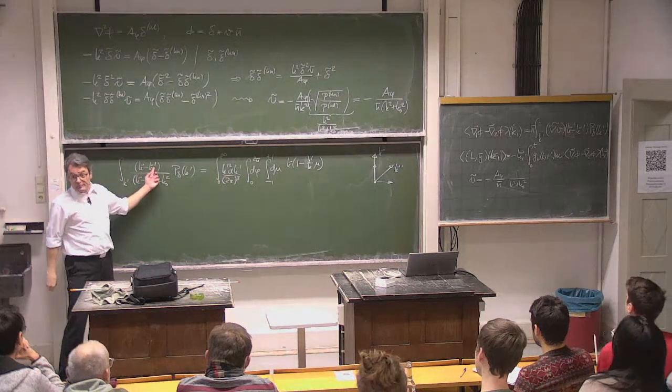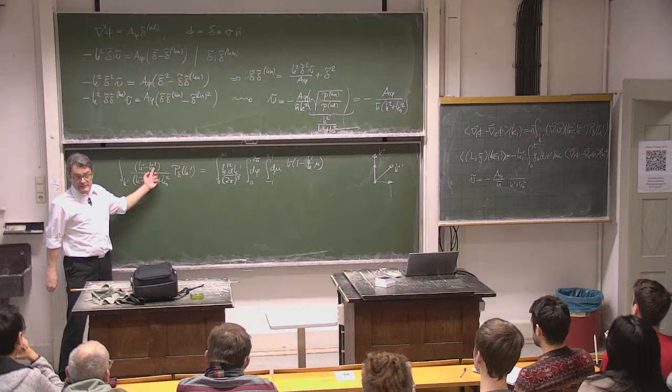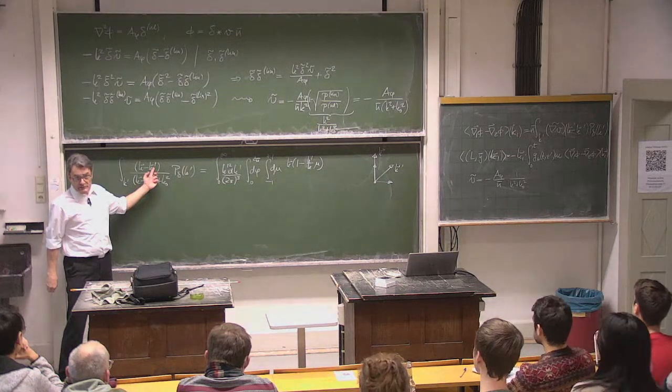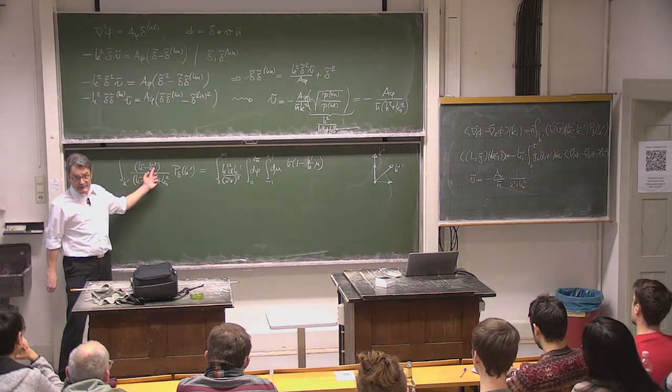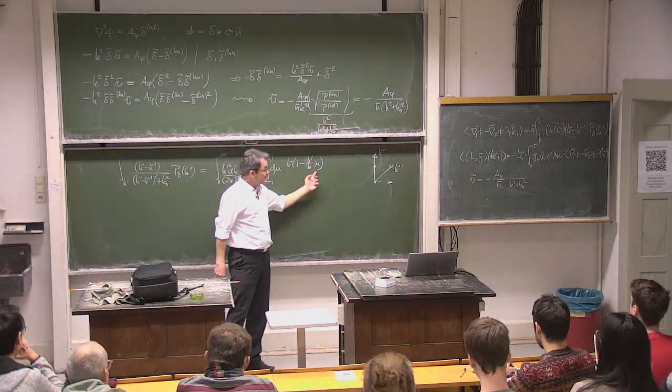Look, everything that remains of the k prime vector is the component of k prime in k direction. And this is given by this expression here.